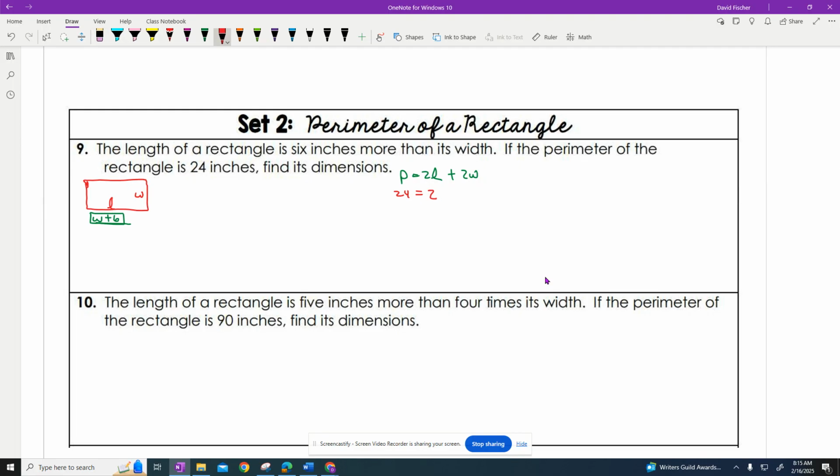The 2 times my length, well, my length is this guy right here, the W plus 6. Close my parentheses. Plus 2 times my width, well, I don't know my width, so that's just going to be 2 times W, which is still 2W, okay?